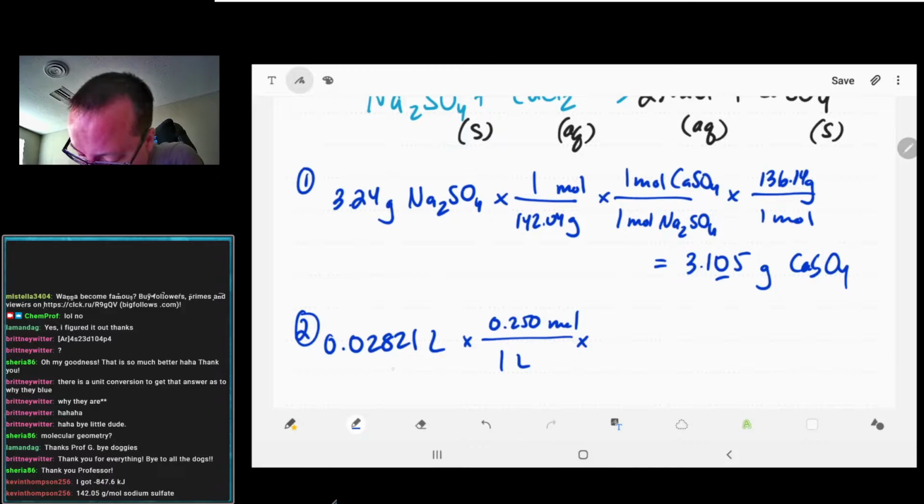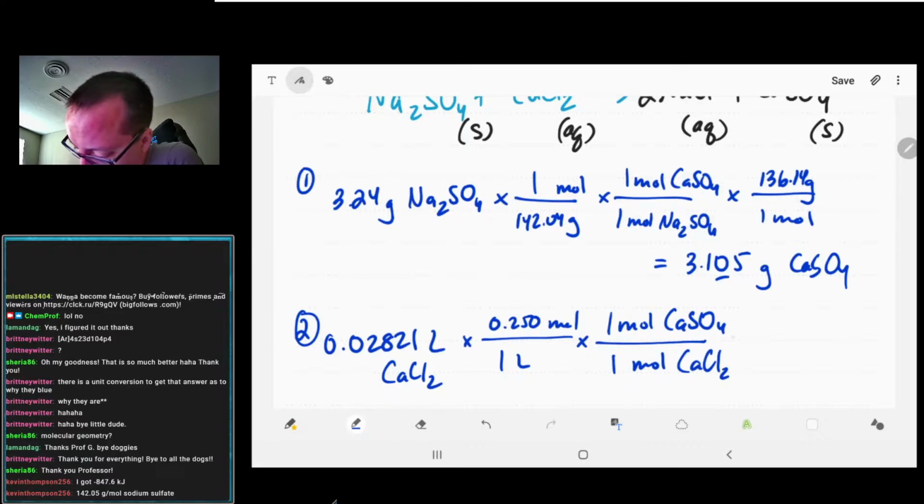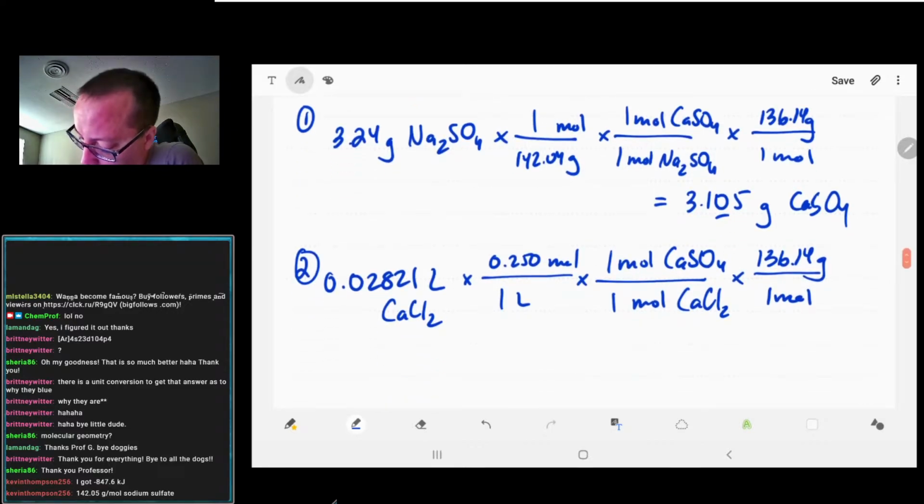And this is, of course, the calcium chloride. So notice, again, the second half of our unit conversion here is identical. The only thing that changes is how we get our moles of our reactants.